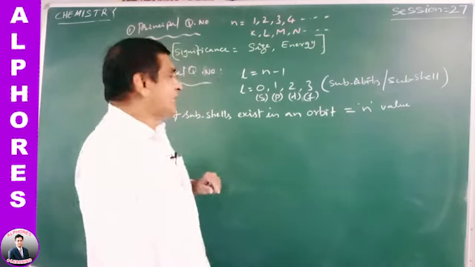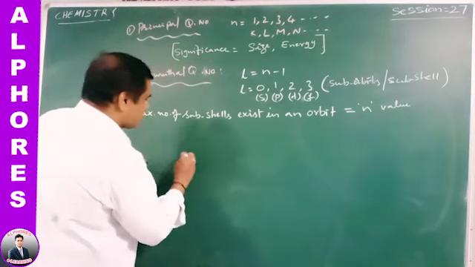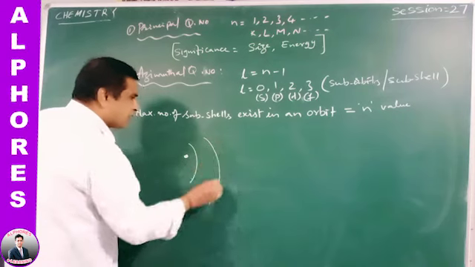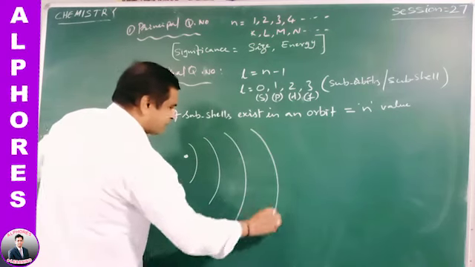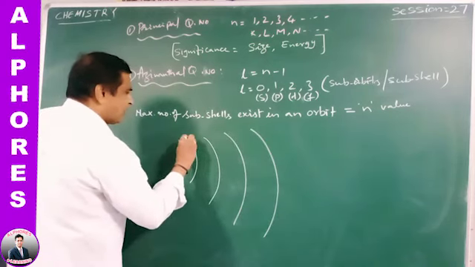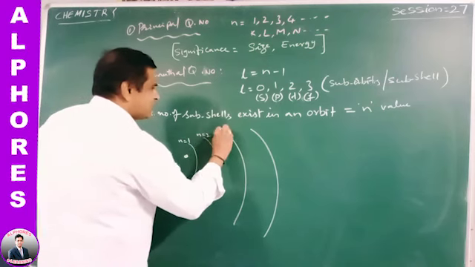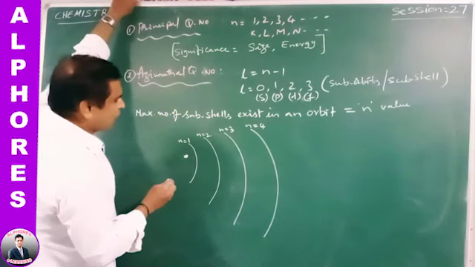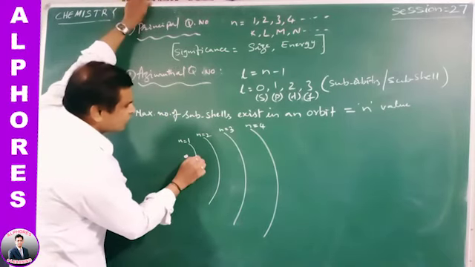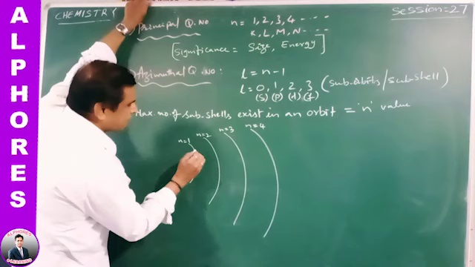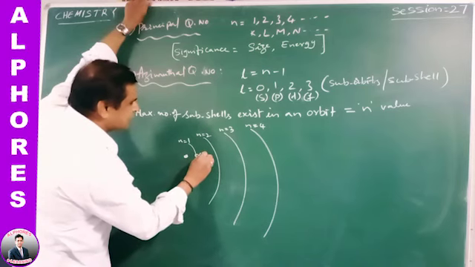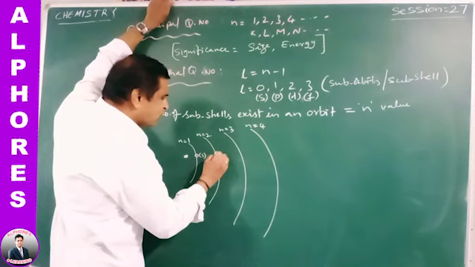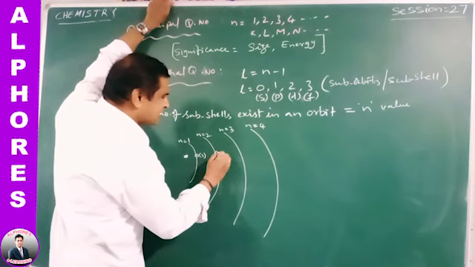Let us take some examples. Nucleus, first orbit, second orbit, third orbit and fourth orbit: n equals 1, 2, 3, 4. In the first orbit, there is 0, that is the s subshell. In the second orbit, 2 subshells exist, 0 and 1, that is the s and p subshells.